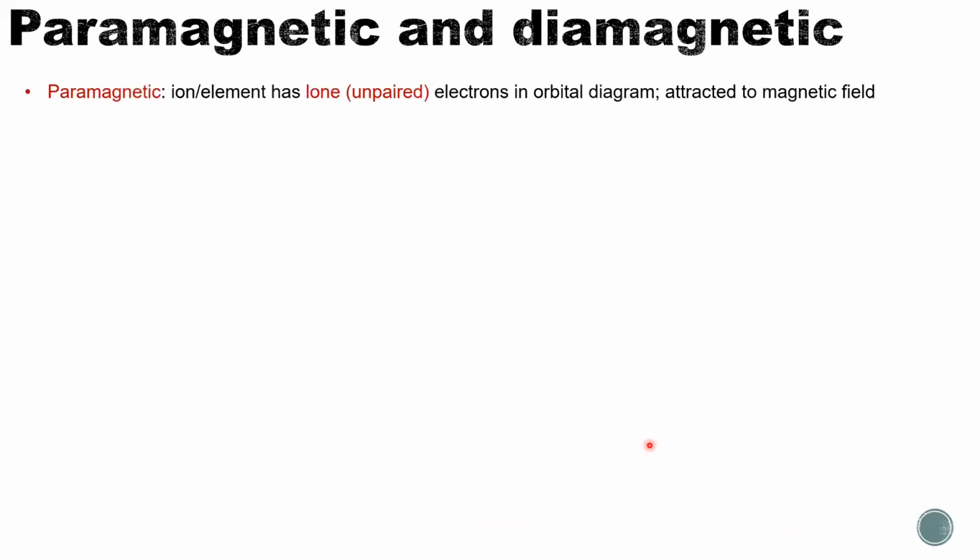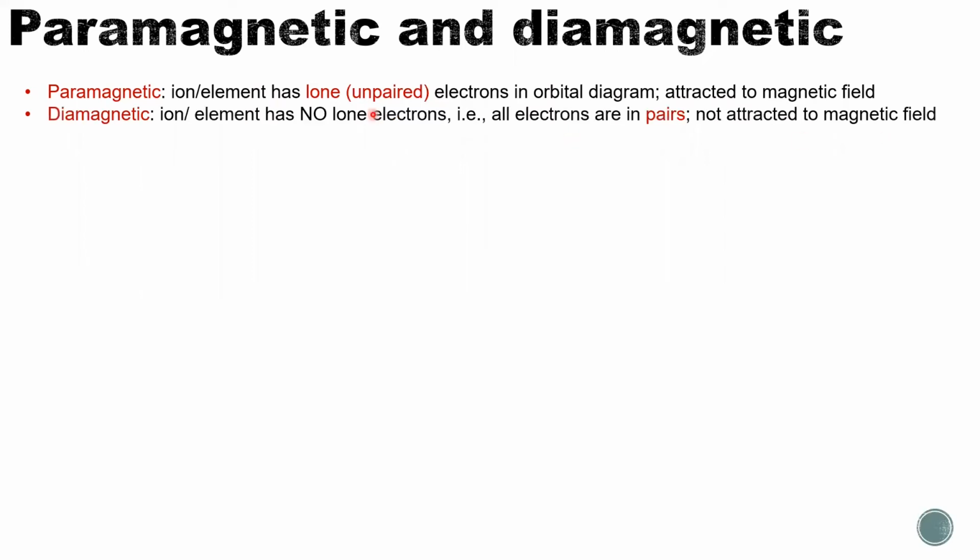Paramagnetic means the ion or element has lone or unpaired electrons. Unpaired electrons and lone electrons are the same concept. In an orbital diagram, paramagnetic elements are attracted to magnetic fields, and diamagnetic means an ion or element that has no lone electrons.